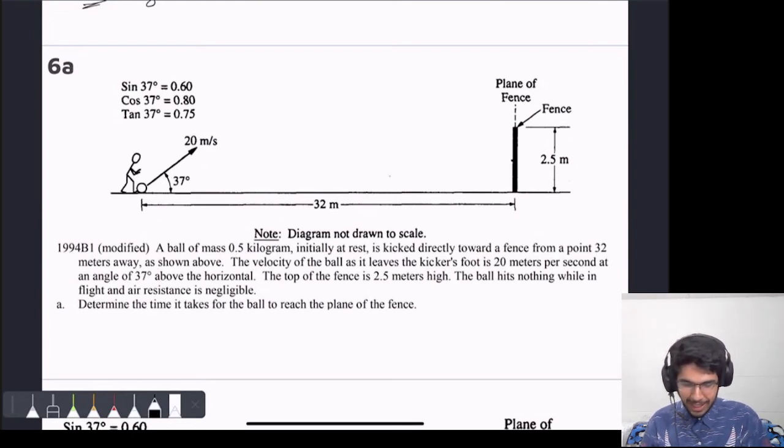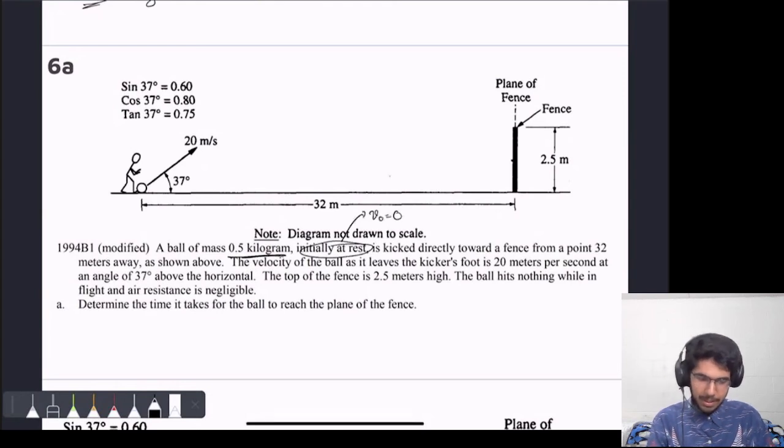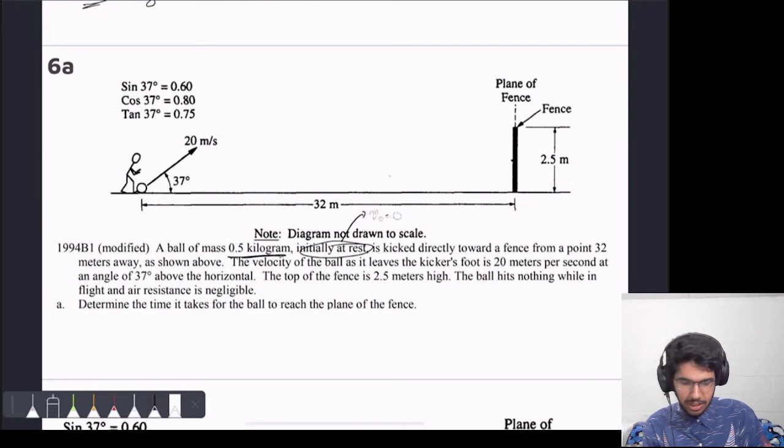So a ball of mass 0.5 kilograms. We're given a mass, but we haven't really dealt with mass whatsoever, so maybe we can ignore it. Initially at rest, so that tells us that v naught equals 0, maybe. It's kicked directly towards the fence from a point 32 meters away as shown above. I'm actually going to erase this.